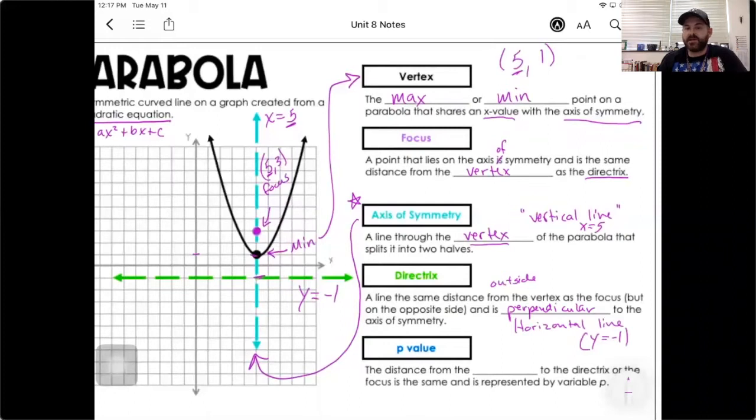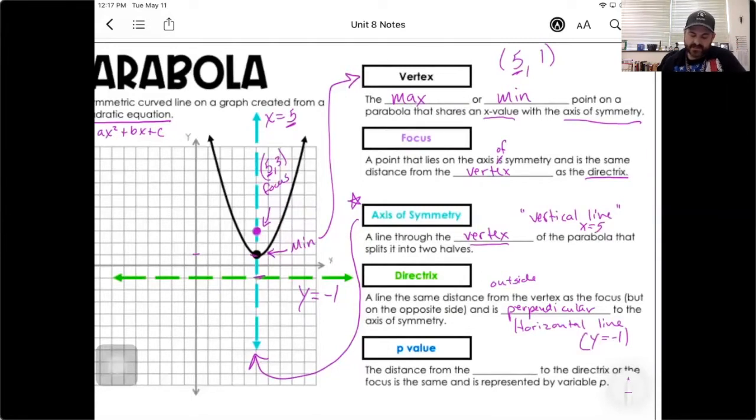So the directrix and focus are equal spaces away from the vertex. Okay, and that distance between the focus and the vertex, or the same distance from the vertex to the directrix, is called our p-value. We use the letter p to represent that.